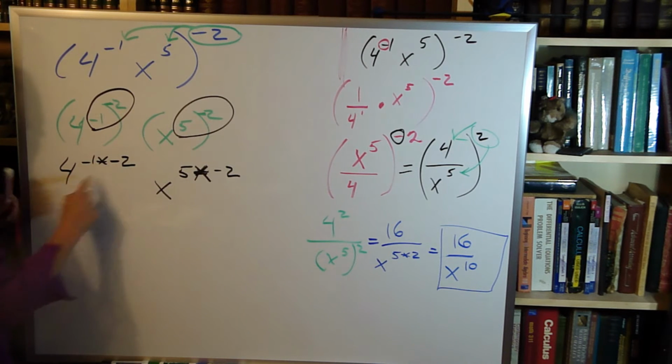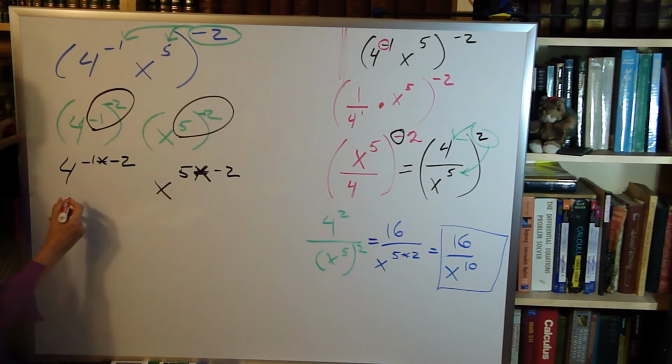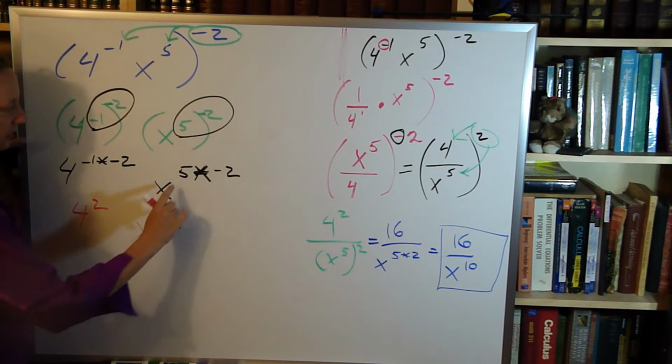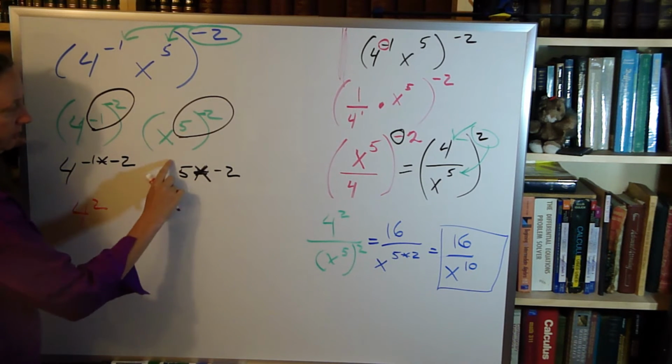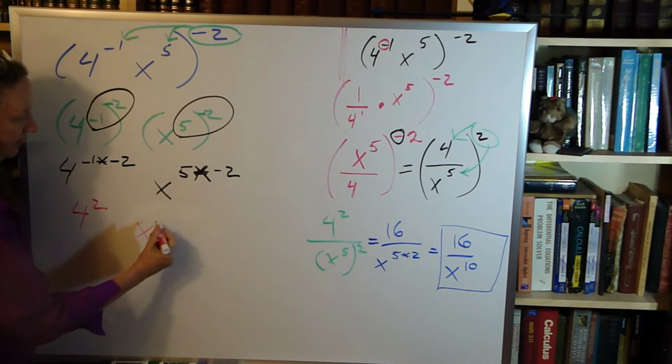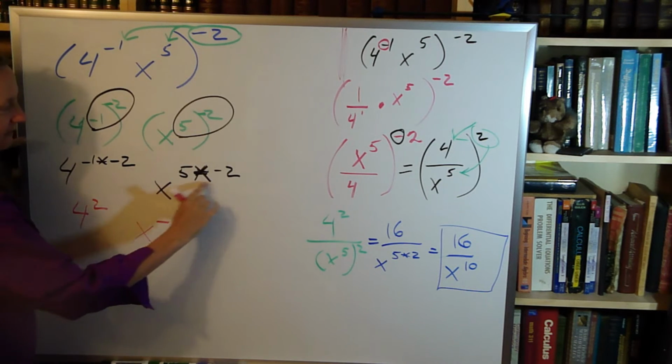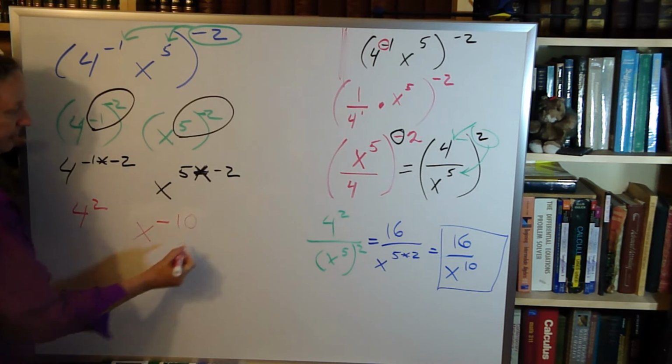Negative times negative is positive. 1 times 2 is 2. So I have 4 to the 2. X, 5 times -2, so a positive times a negative gives me a negative. 5 times 2 gives me 10.